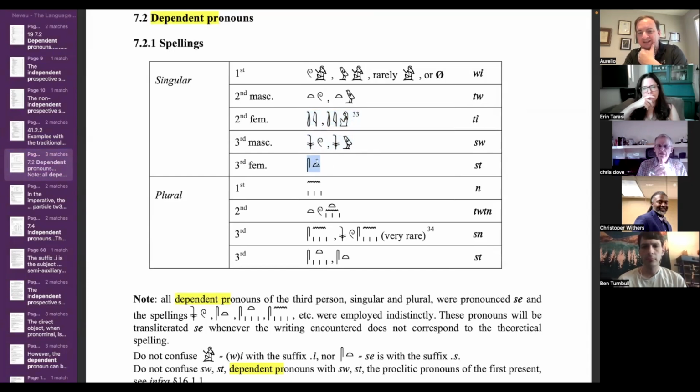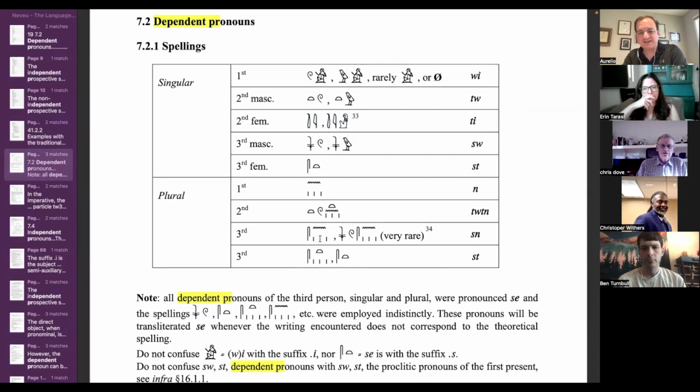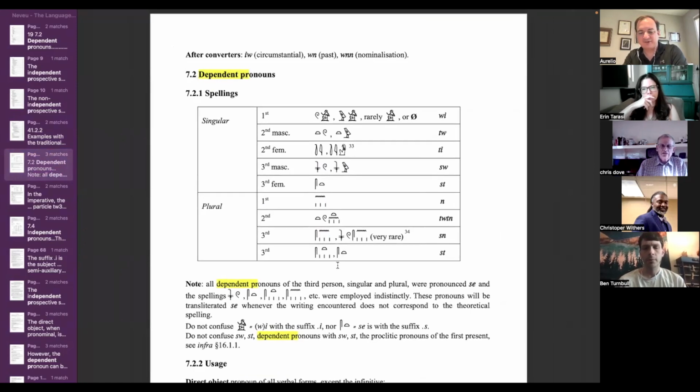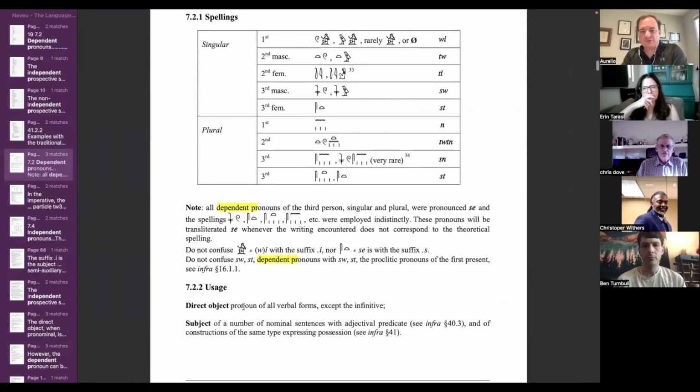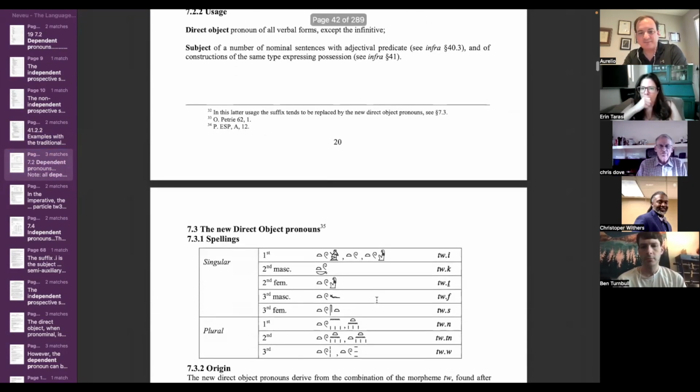And Chen becomes Tuten, and then you can still have Sun or Set for the dependent pronoun, plural, third person. So that is the direct object pronoun. It was still used with adjectival predicates. That hasn't changed.